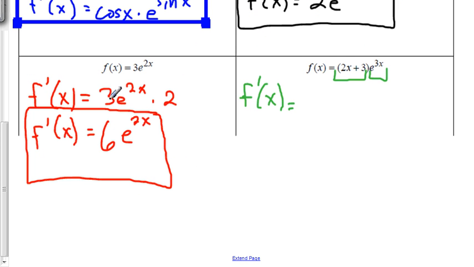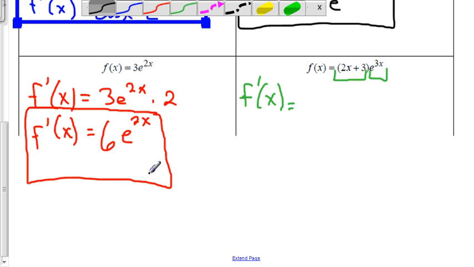All right, looking at the third one, it's what was there, 3e to the 2x times the derivative of the exponent, times 2, and then I just simplify: 2 times 3 is 6e to the 2x. Now, the question might be asked, how come we don't have to do the product rule?